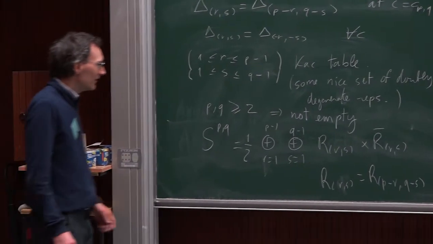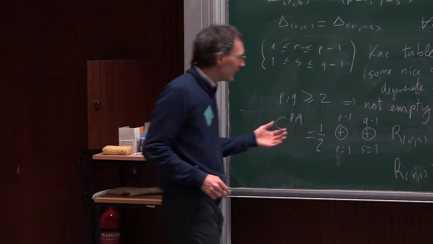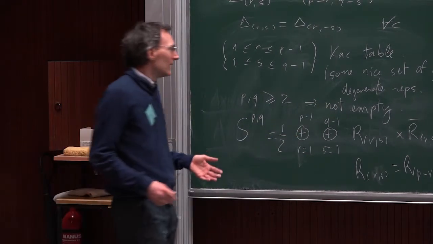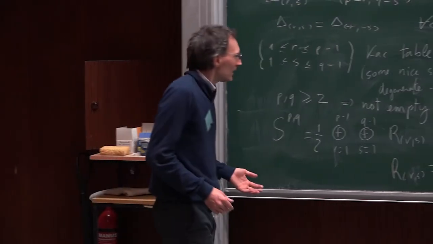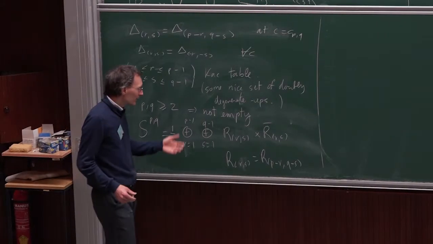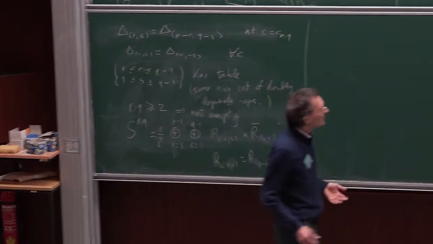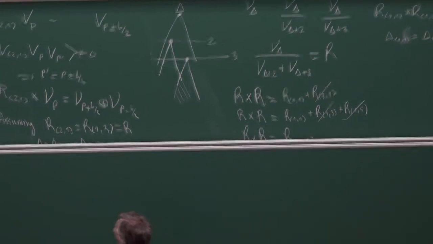The question is whether there exists a consistent CFT with this spectrum, and in particular, whether this spectrum is closed under fusion. So we have to compute the fusion rules of these doubly degenerate representations, just in the same way as we computed the fusion of this doubly degenerate representation in this example.